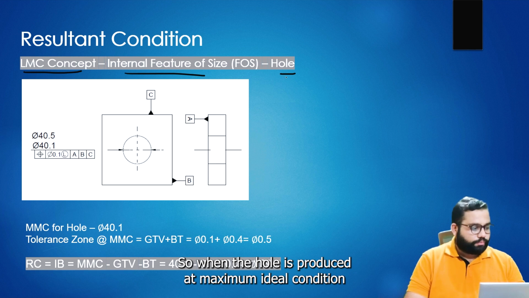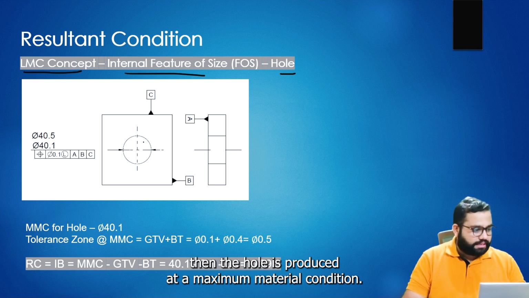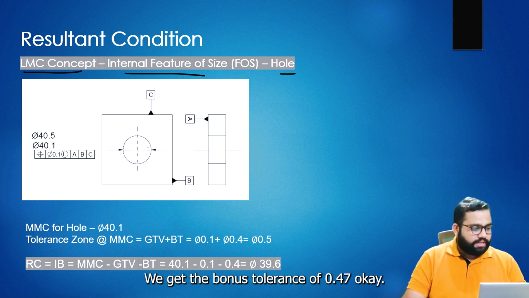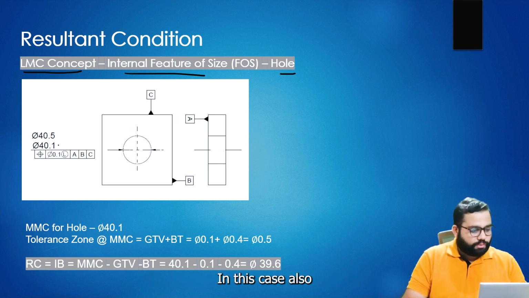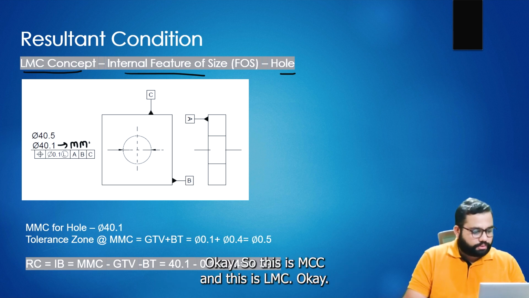Okay, so when the hole is produced at maximum material condition, we get the bonus tolerance of 0.4 mm. In this case also, for the hole we have the least material condition and the maximum material condition. This is MMC and this is LMC.